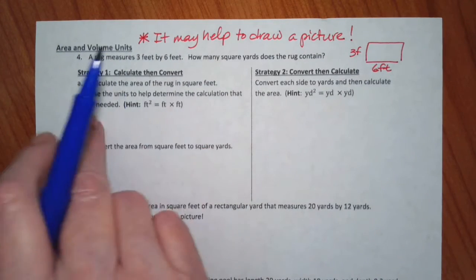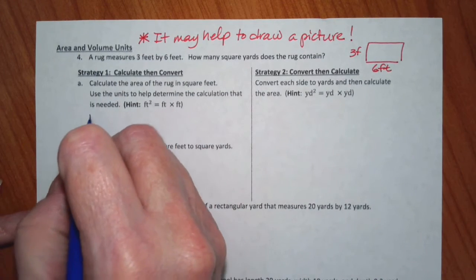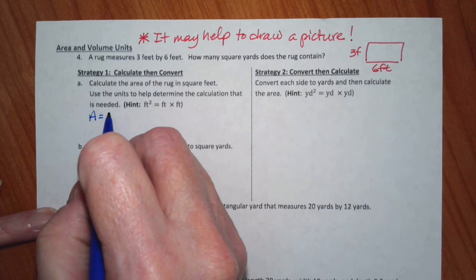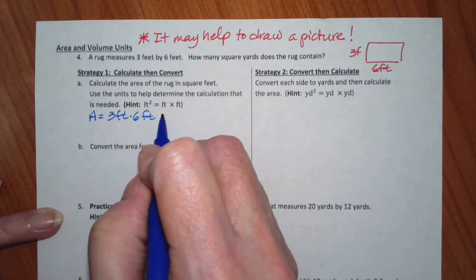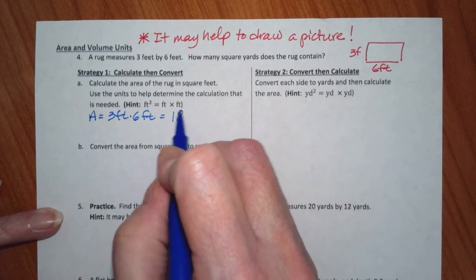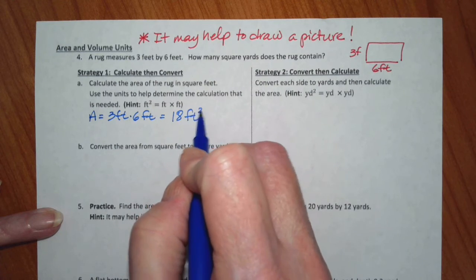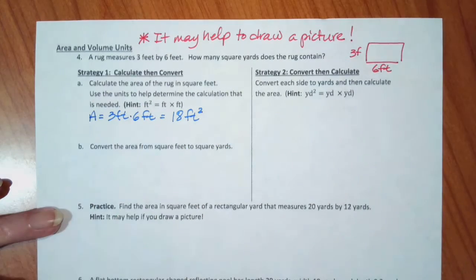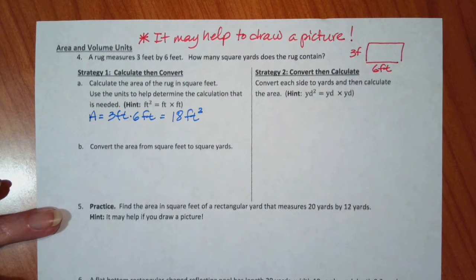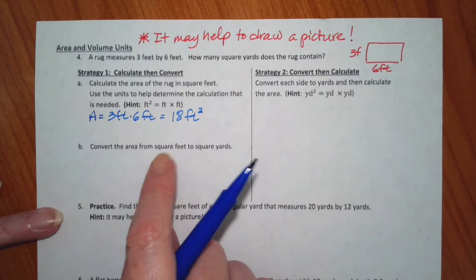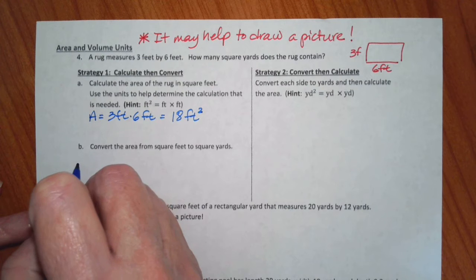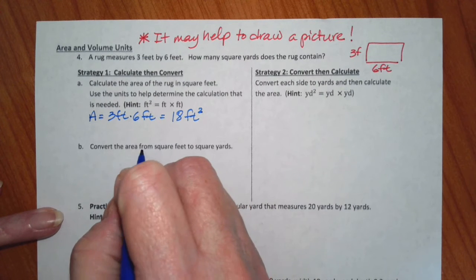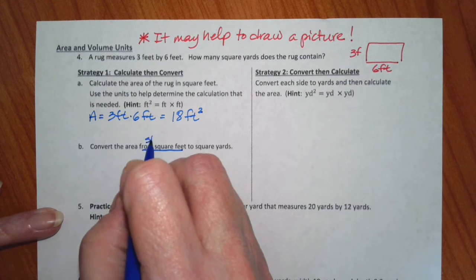Okay, so my area is equal to 3 feet times 6 feet, which gives me 18 feet squared. Remember, feet squared is feet times feet. Okay. Then I am going to convert from square feet to square yards. So I know I'm going to start from square feet, means this is my start.